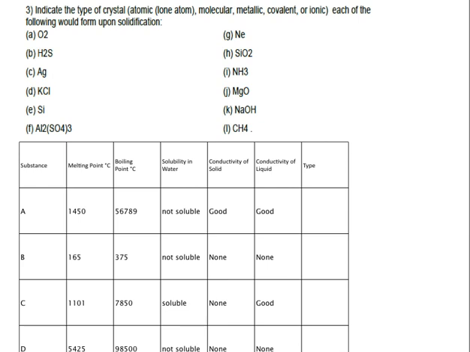So we're going to go through and just put this in the category it belongs. What column on that previous chart would you put them in? O2? Nope. Lone atom. H2S. Molecular or covalent? Yeah, molecular. Ag? No. It's metallic.